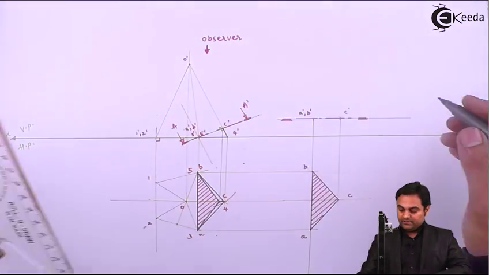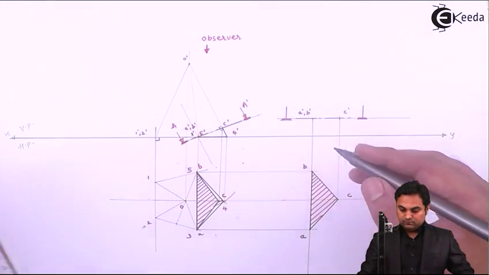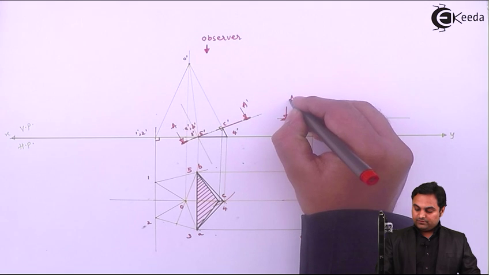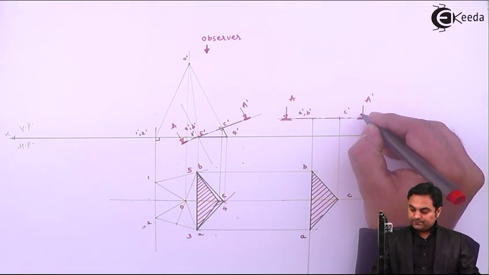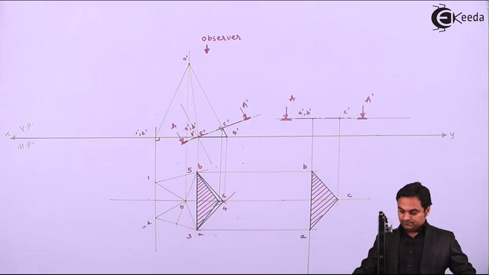Cutting plane A dash. Similarly here, cutting plane A dash. Now this is the true shape of the section.